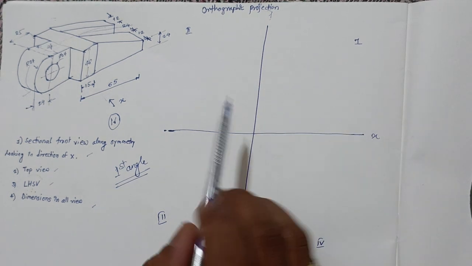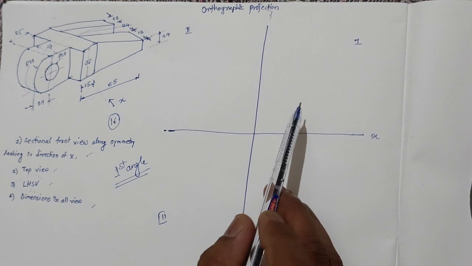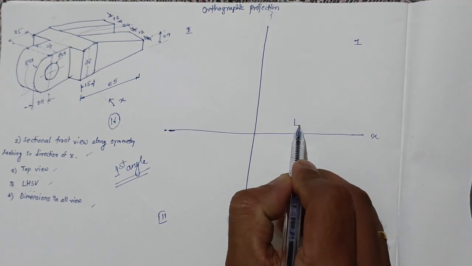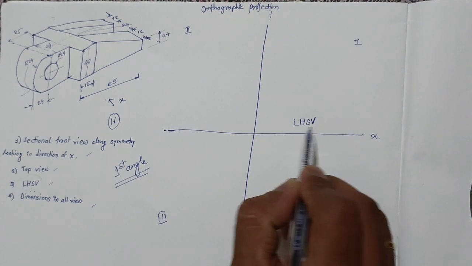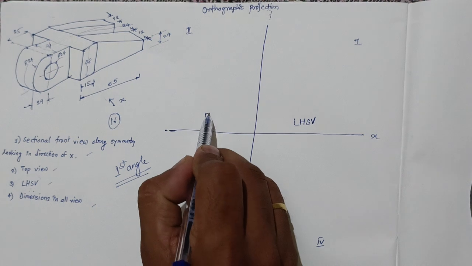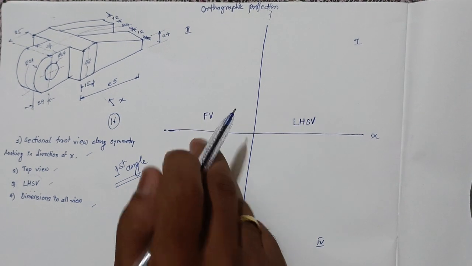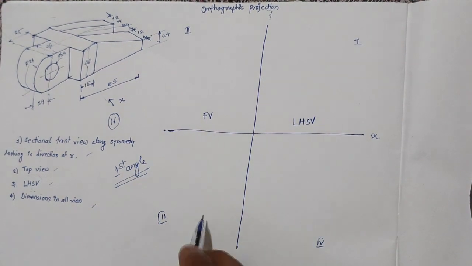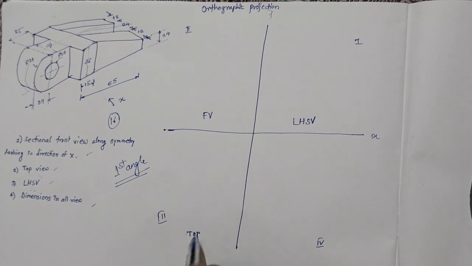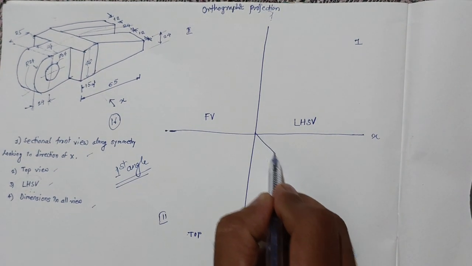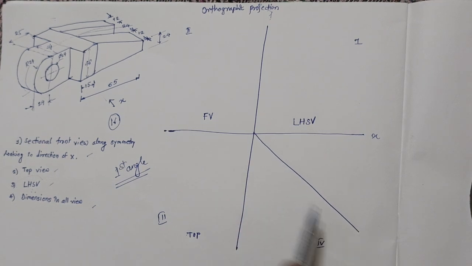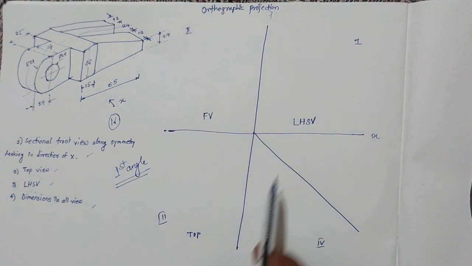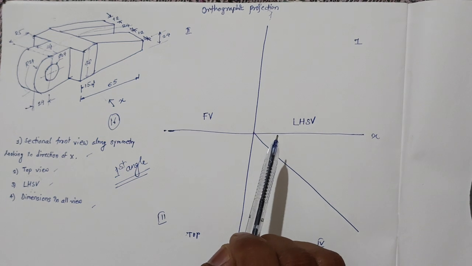So the LHSV would be in the first quadrant, and in this quadrant the front view, and just below this front view the top view, and here the projections. This is the 45-degree line from which we can transfer these projections through 90 degrees.